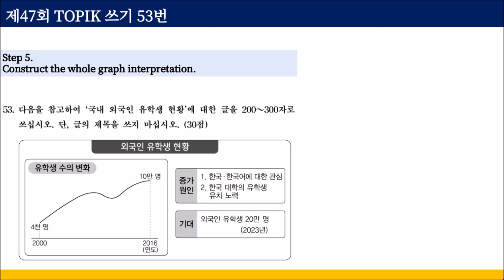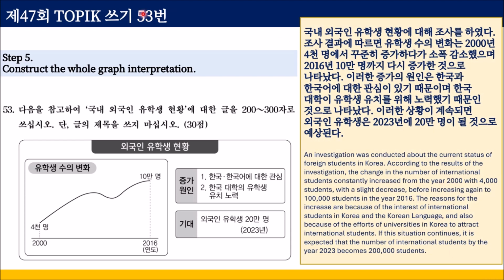I will be reading them in Korean first and then in English. 국내 외국인 유학생 영향에 대해 조사를 하였다. 조사 결과에 따르면 유학생 수의 변화는 2000년 4,000명에서 꾸준히 증가하다가 소폭 감소했으며 2016년 10만 명까지 다시 증가한 것으로 나타났다. 이러한 증가의 원인은 한국과 한국어에 대한 관심이 있기 때문이며 한국 대학이 유학생 유치를 위해 노력했기 때문인 것으로 나타났다. 이러한 상황이 계속되면 외국인 유학생은 2023년에 20만 명이 될 것으로 예상된다.